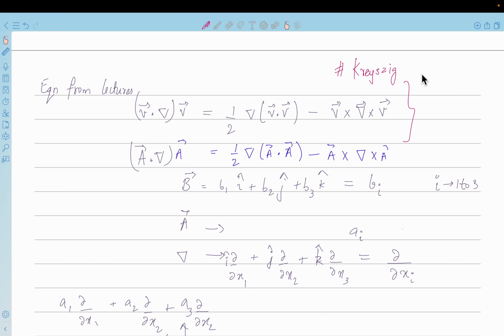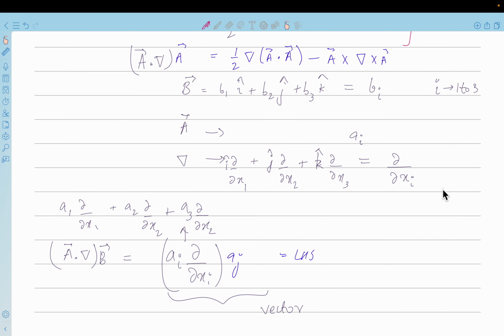Or what you can do is Google notes on Einstein notation. Google Einstein notation for vector identities and see some proofs on vector identities. I have personally found the Einstein notation very useful.